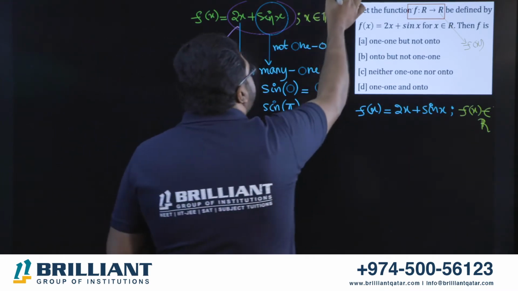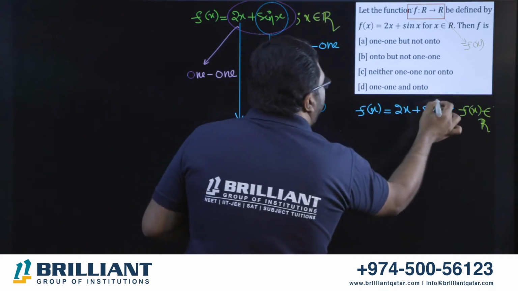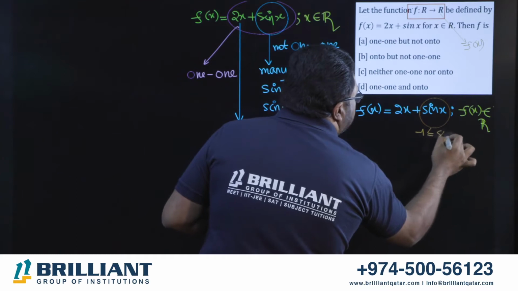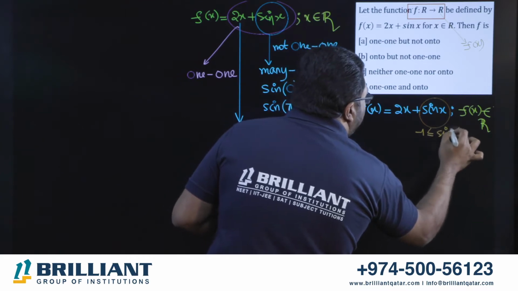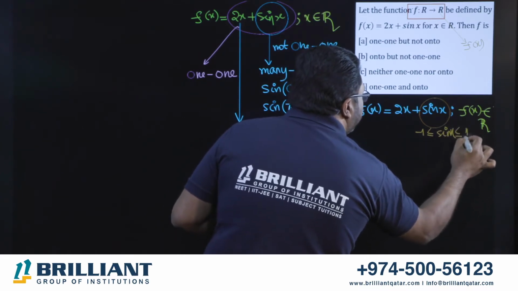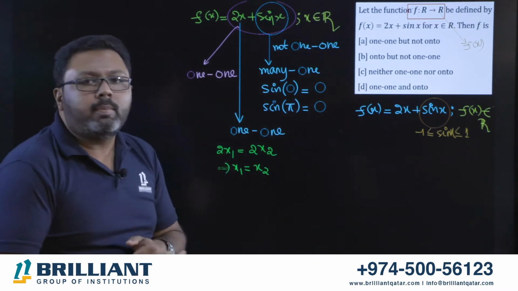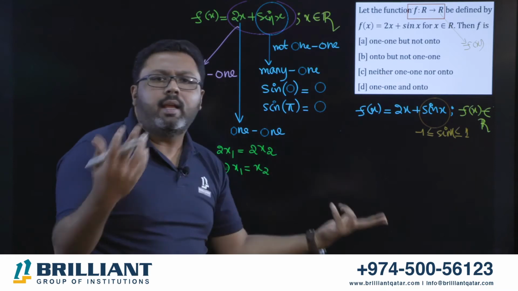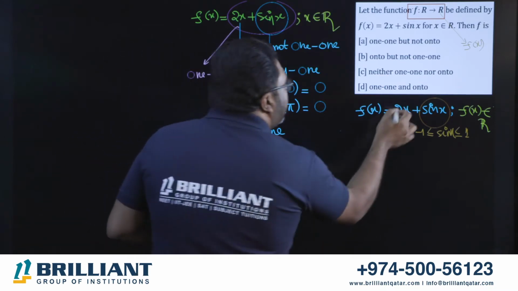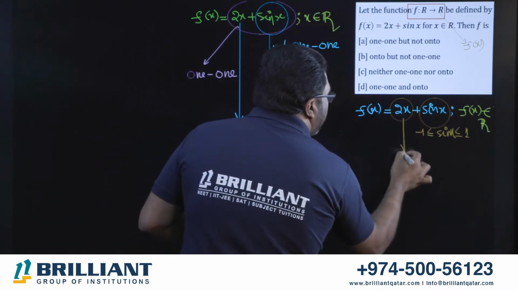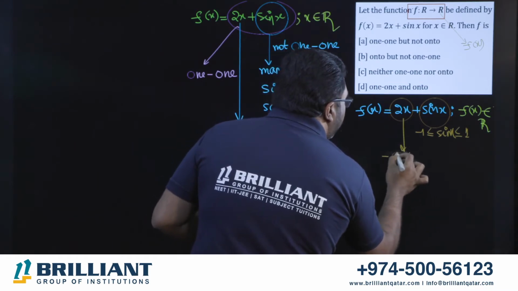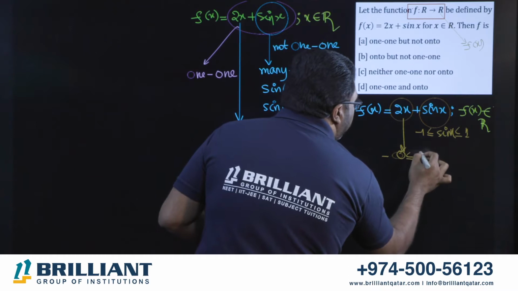Sin x says, I am a value between -1 and 1. So sin x says I cannot become any real number, but 2x says I can be any real number from -infinity to +infinity.